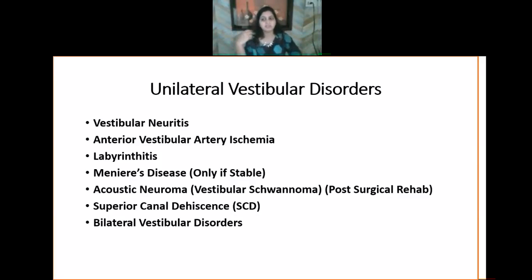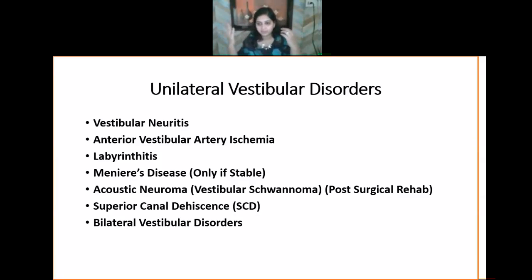So which conditions do we usually treat as vestibular rehab therapists? We treat vestibular neuritis. It's a viral infection of the nerve, and because of that, our vestibular system gets affected. Usually it is unilateral, and we have very, very good rehab results because we still have other things intact, so we can utilize that to compensate for the peripheral loss.